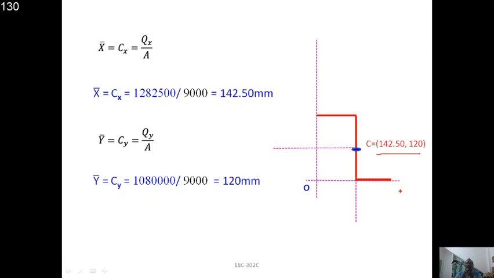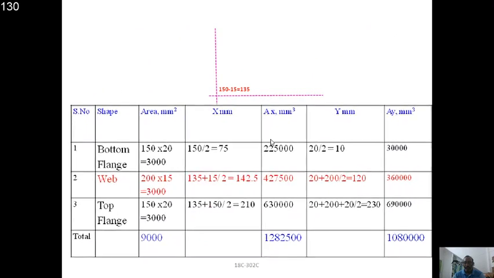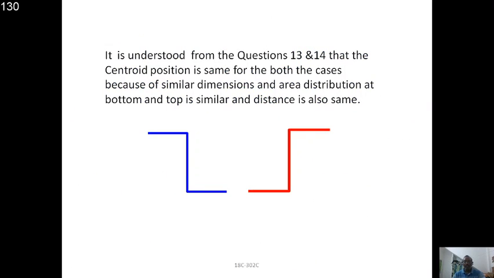That means without changing the dimensions of the shape, if the area has been positioned at the same levels, but we just shifted it at the same level from one point to another point, there is no variation in the centroid, subject to the same dimensions. So that is the conclusion we obtained by taking the jet section as the mirror image.